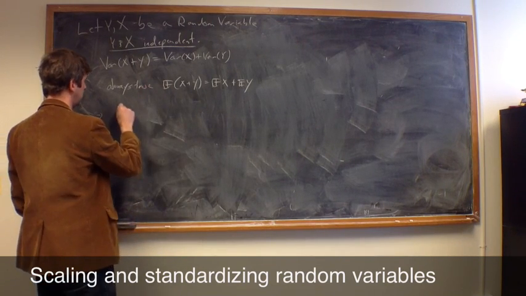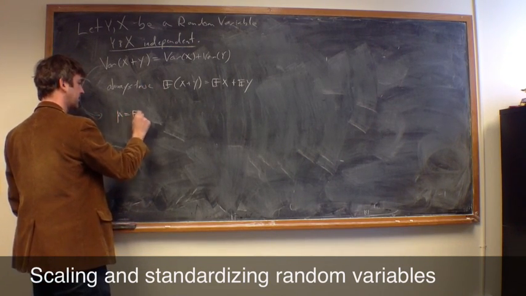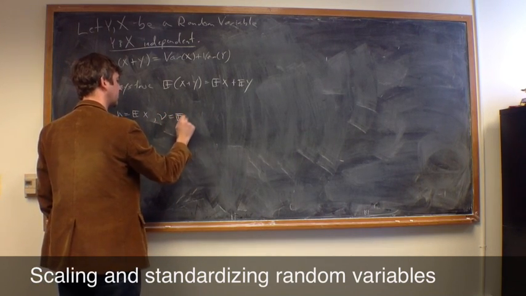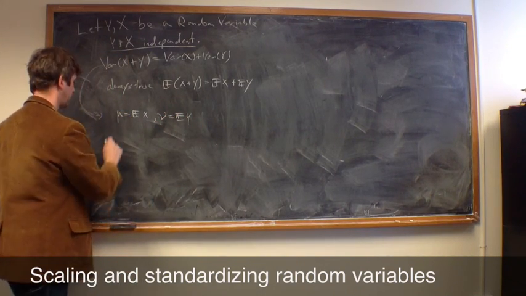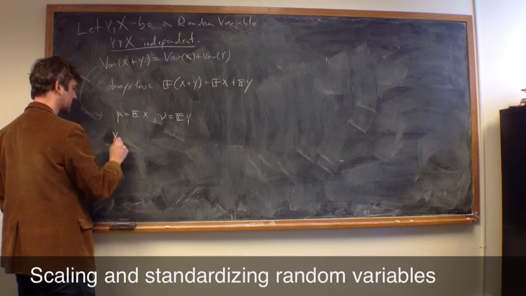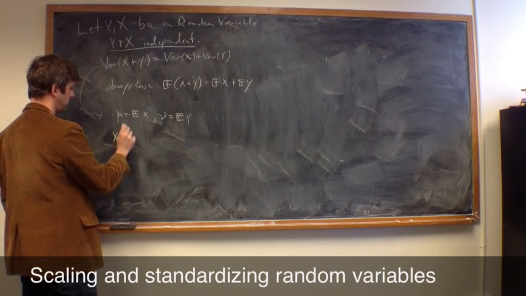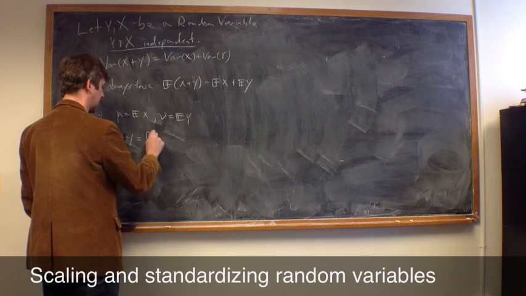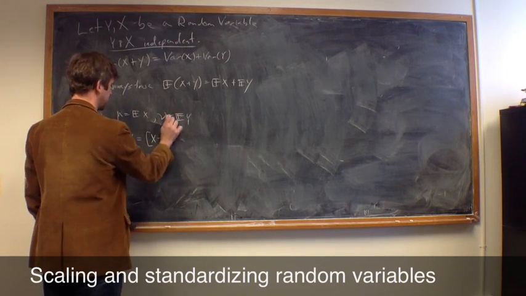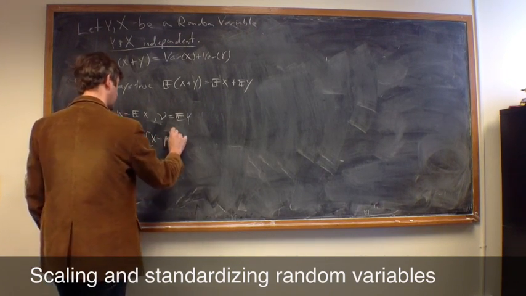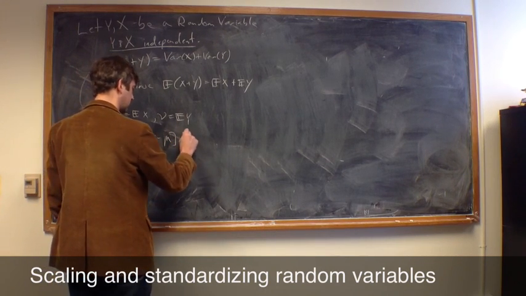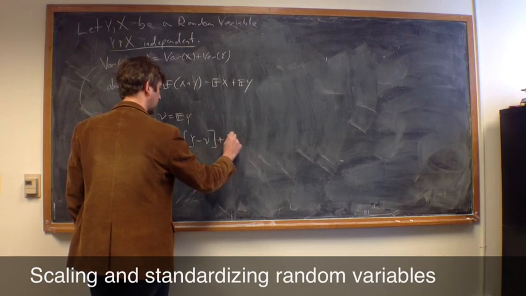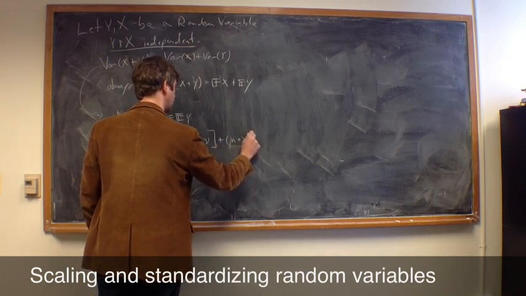let's let mu be the expected value of x, and let's let nu be the expected value of y. Then we can write x plus y as x minus mu plus y minus nu plus mu plus nu.